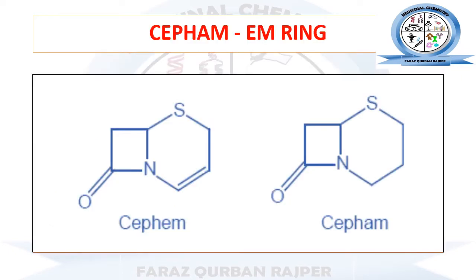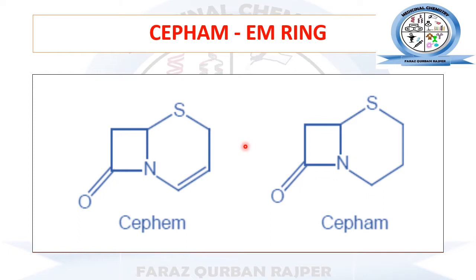This is the basic ring skeleton present in cephalosporin, the cephem ring. We have already studied in our beta-lactam medicinal chemistry lecture that cephem is the ring nucleus in which the beta-lactam ring is fused with the 6-membered dihydrothiazine ring. In the case of cephem, we have a double bond at this position, and in the case of cepham, we have no double bond and all the bonds are saturated.